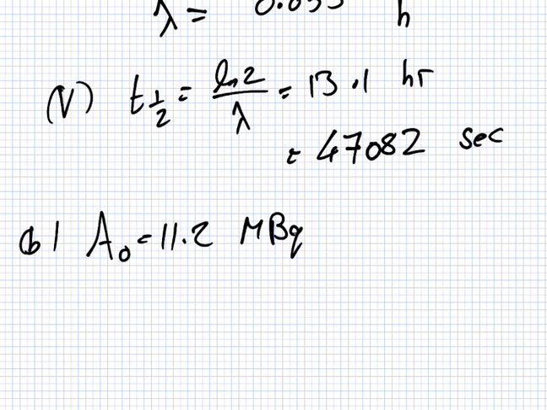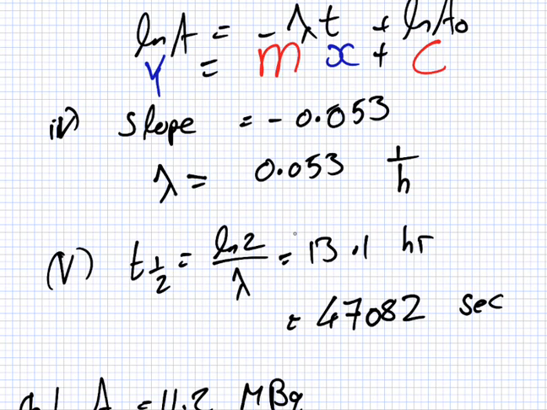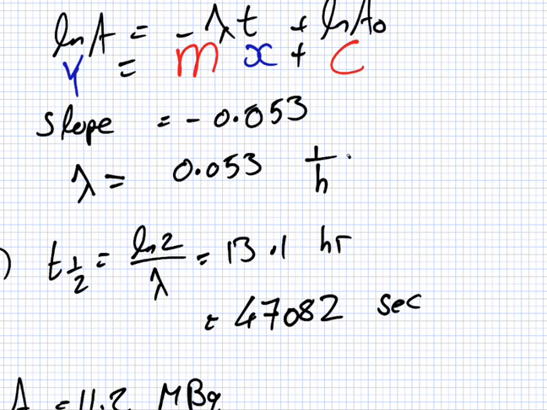You know what I'm also going to do? I'm going to change this into seconds as well, if I need it. So this is 1.47 times 10 to the minus 5 per second.